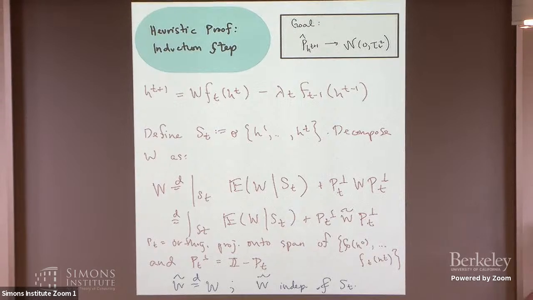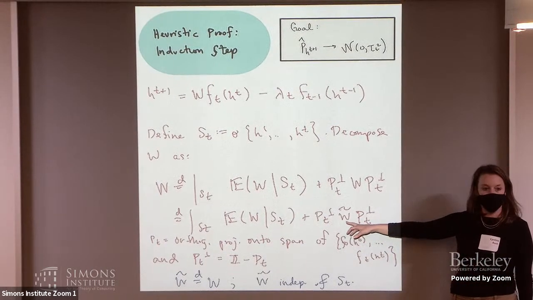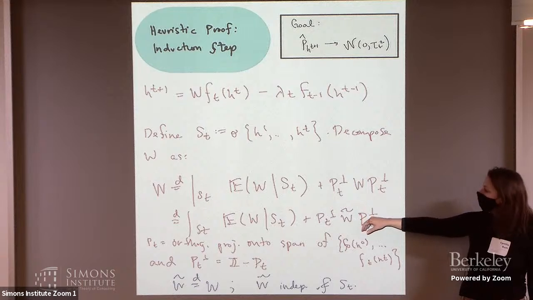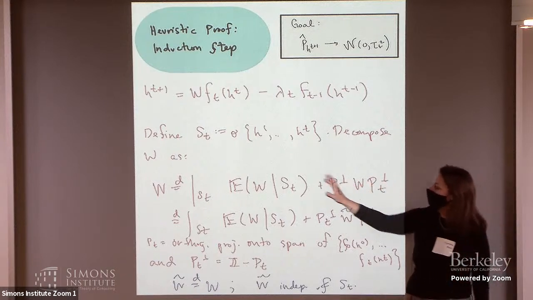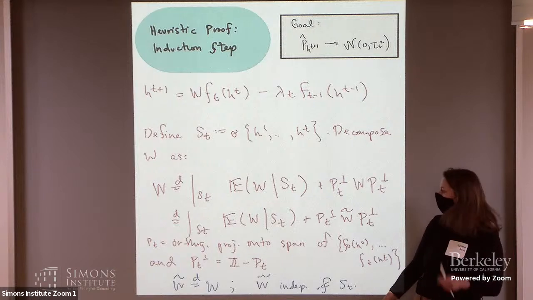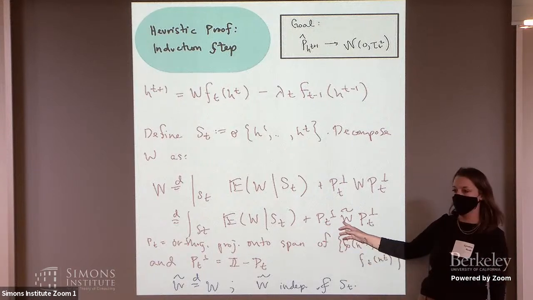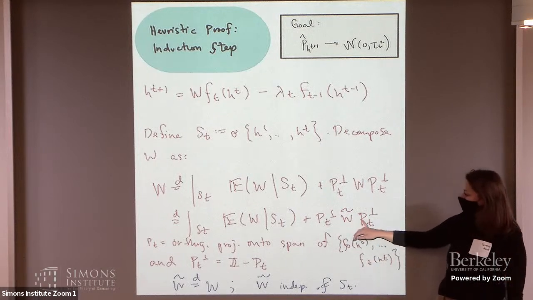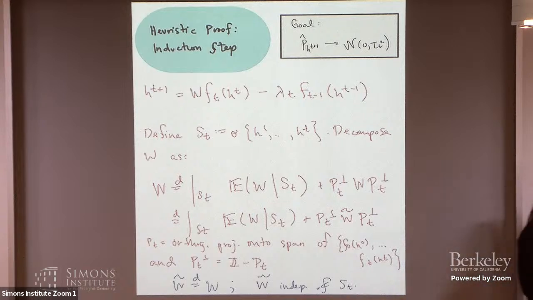This is the key step: we use the rotational invariance of the Gaussians to represent my random matrix W as a deterministic part, and a part independent of my conditioning sigma algebra. And that's the projection outside of the sigma algebra as well, right?